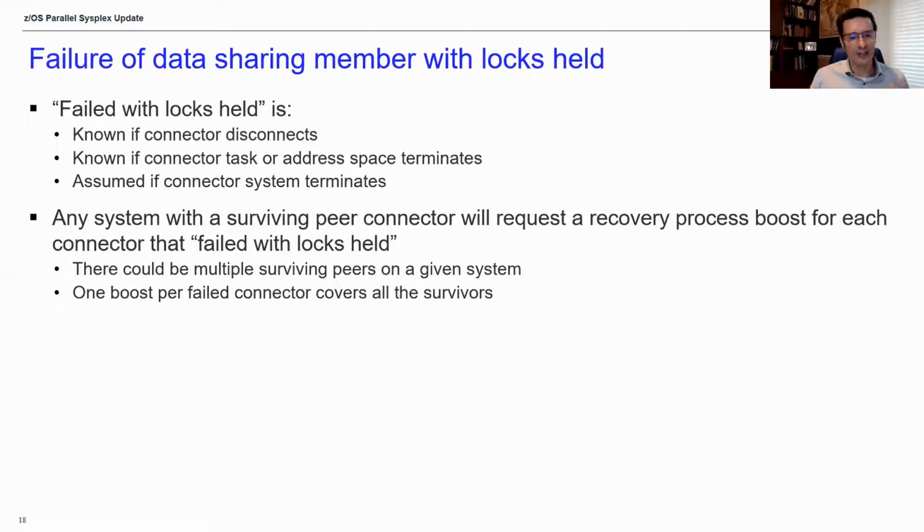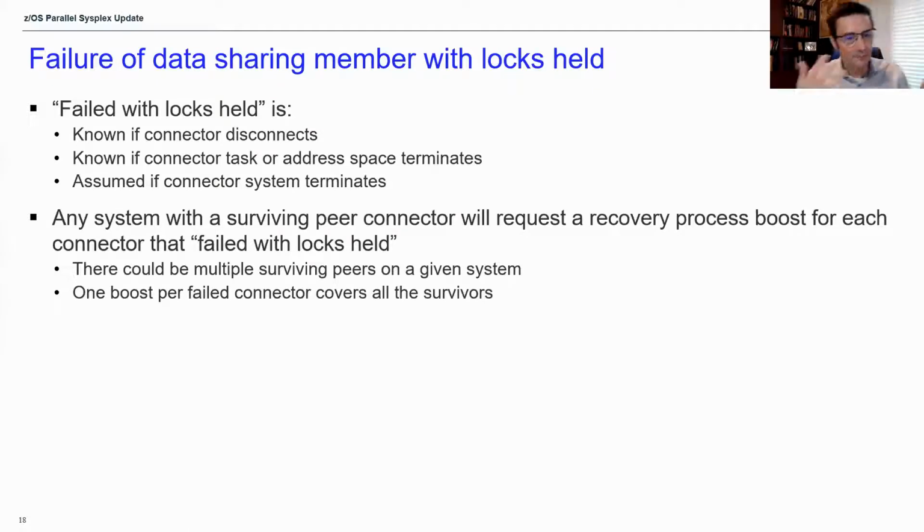If that particular connector just goes away through task or address space level termination, same thing: XCF is going to detect that and send notifications to the other connectors to that lock structure.